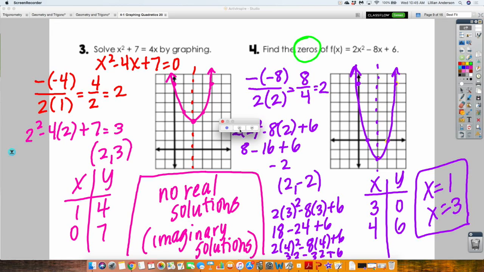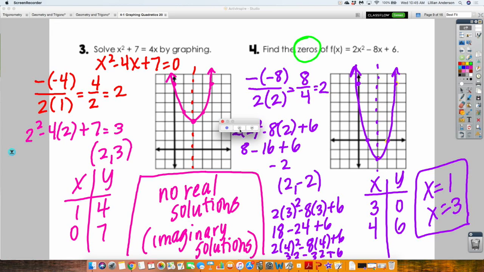Then I have to plug that into the function. Yes, plug it in to the one that is already equal to 0. When I plug that in, that is 2 squared, 4, minus 8, plus 7. And it's 3. So my vertex is at 2, 3. Is this going to point up or is it going to point down? It's going to point up.